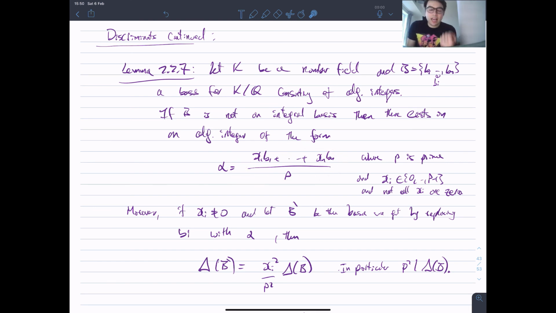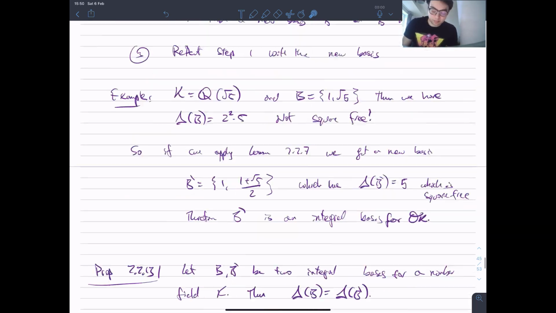So I'll never be able to find a new basis, because to find a new one I would have to replace something by an element which lemma 2.2.21 tells us can't exist. So if you were to run through this algorithm for computing the integral basis, you'd say, I need to find an element like this to replace some basis element by, but you'll never be able to find it, because it doesn't exist, because your polynomial is Eisenstein.